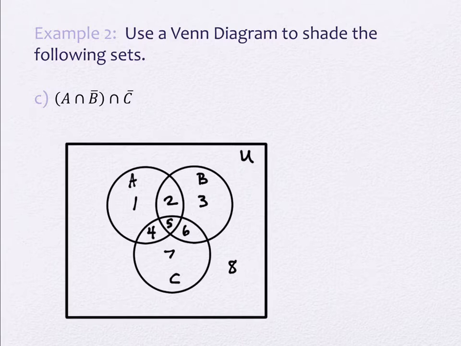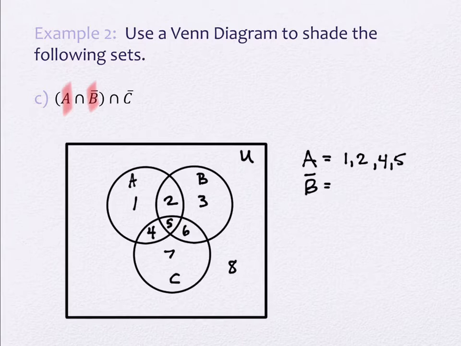So we're starting inside of the parentheses, and we have 2 sets. We have A and we have B complement. So I'm just going to list those, and we're going to list every number region that is included in set A. So what does set A include? 1, 2, 4, and 5. You got it. And how about B complement?